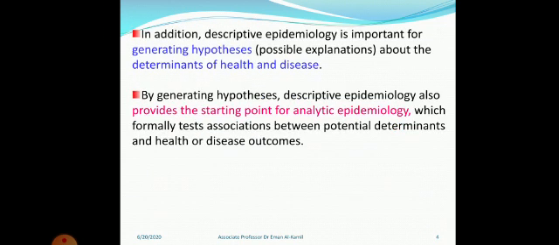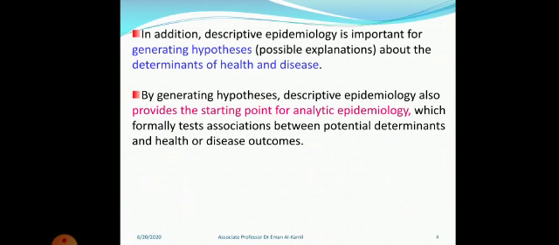In addition, descriptive epidemiology is important for generating hypotheses, possible explanations about the determinants of health and disease. So, in descriptive epidemiology, or by a descriptive study, we are going to generate a hypothesis about the distribution of the disease according to these three factors.